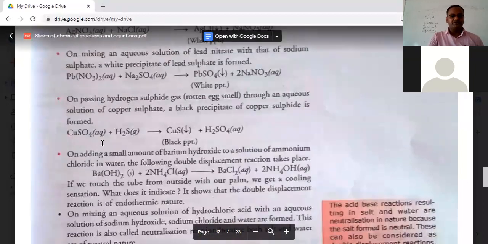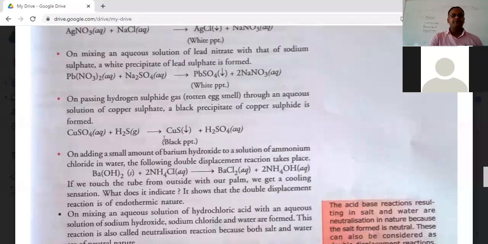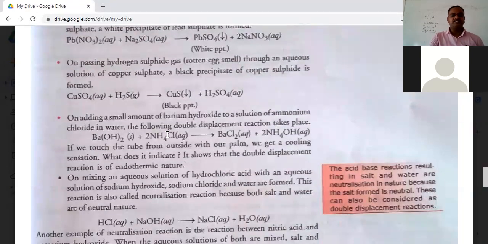So here copper sulfate reacts with H2S, double displacement takes place, Cu combines with sulfur, and the sulfate combines with H2 to form H2SO4. The copper sulfide forms your black precipitate. So it indicates double displacement is taking place.